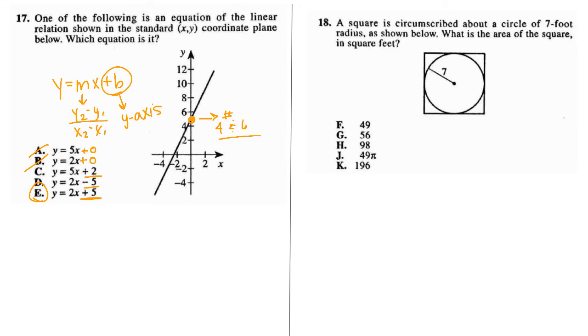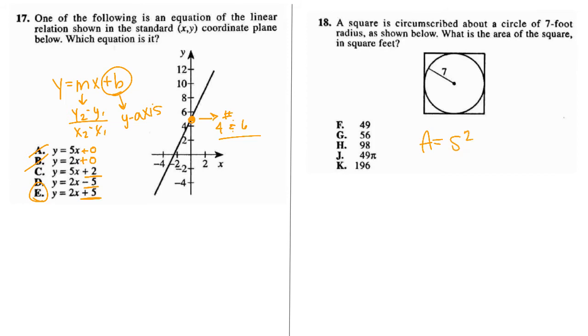Number 18. A square is circumscribed about a circle of 7-foot radius shown. What is the area of the square in square feet? So the area of a square is going to be side squared.